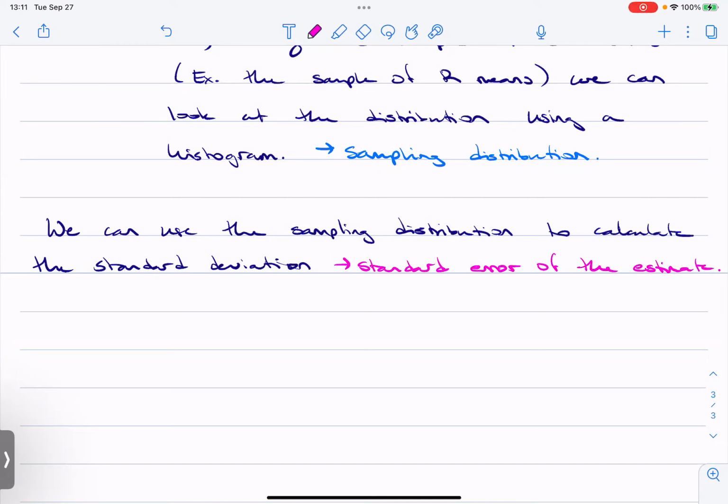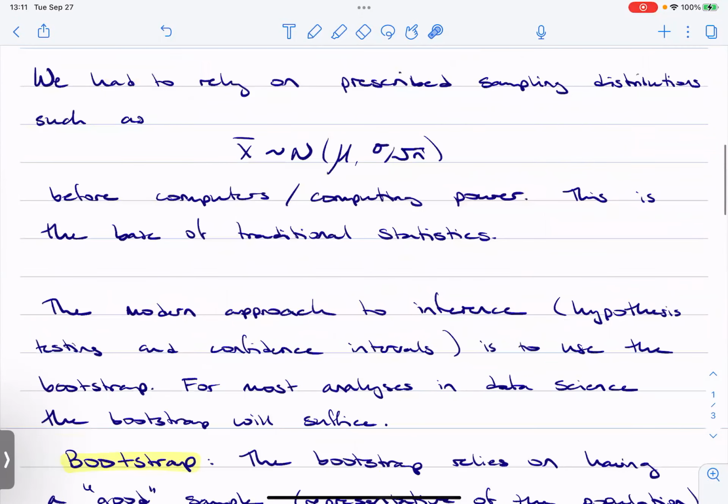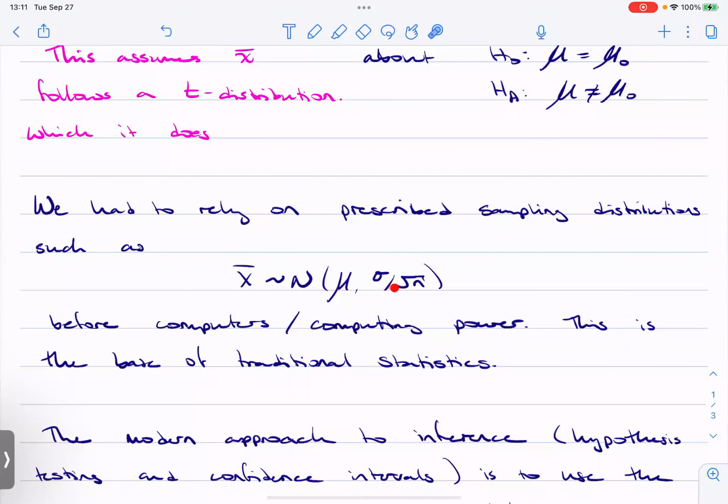All right. So if we go back to kind of our traditional version here, the sigma over root n, that's the standard error of the estimate X bar. So here, this is the standard error of X bar, which we estimate by S over root n.